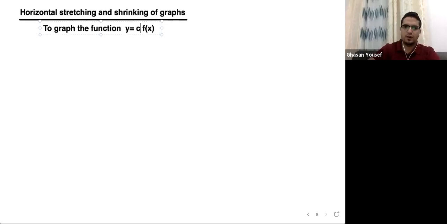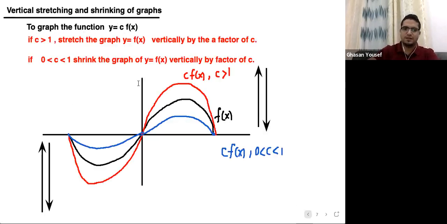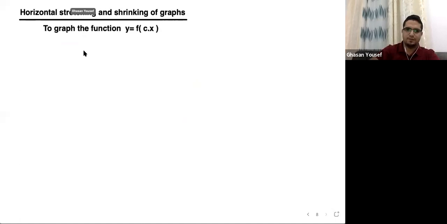So to graph the function y equals f of c times x, the c is inside the parentheses, inside the function. When the number is inside the function, it will stretch and shrink horizontally. Now we have some rules for c. The rules are similar to the previous ones, but not exactly.